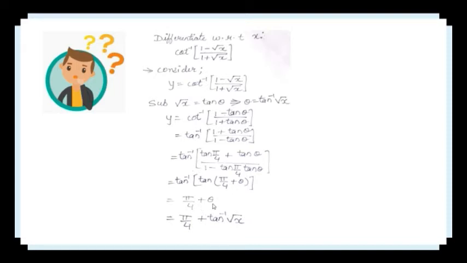And what is the value of theta? It's tan inverse of root x. So y equal to pi by 4 plus tan inverse of root x. We have to resubstitute the value of theta over here. Now we will be differentiating. So dy by dx will be d/dx of pi by 4 plus tan inverse of root x.